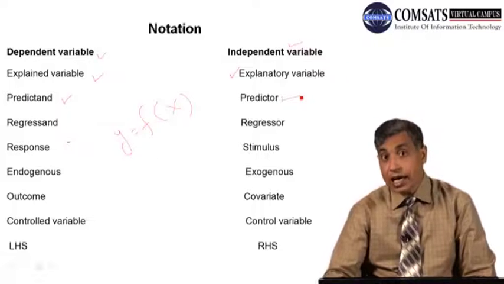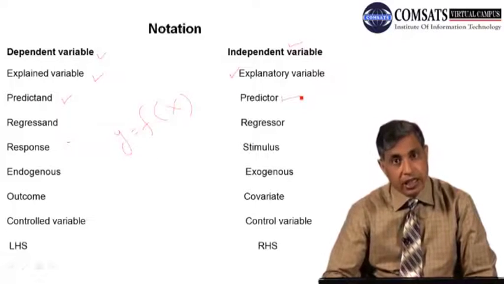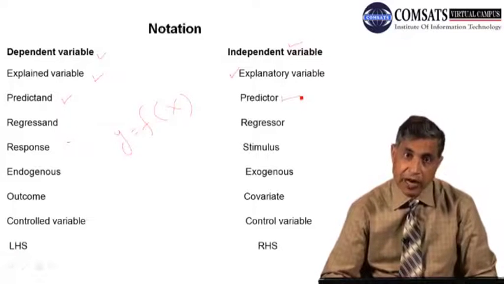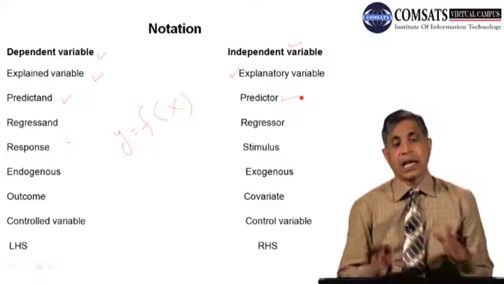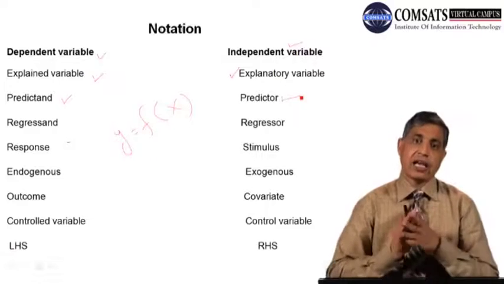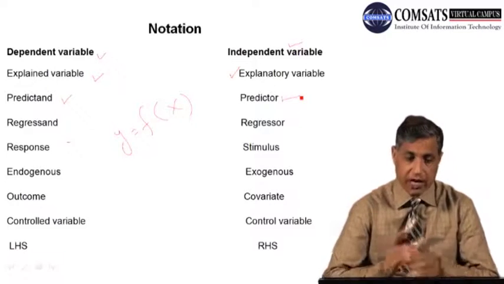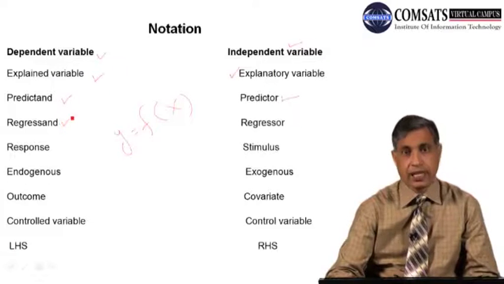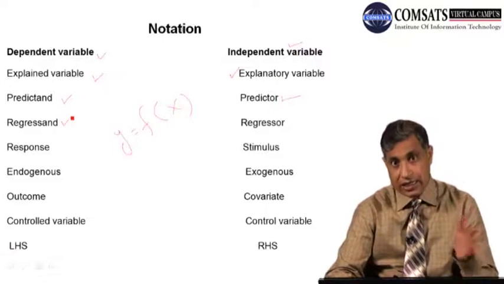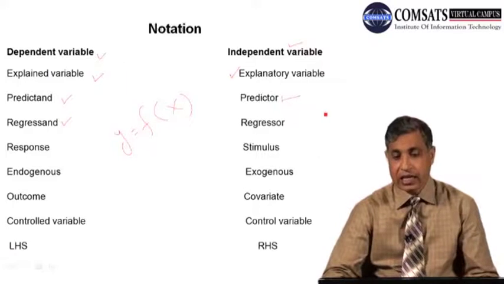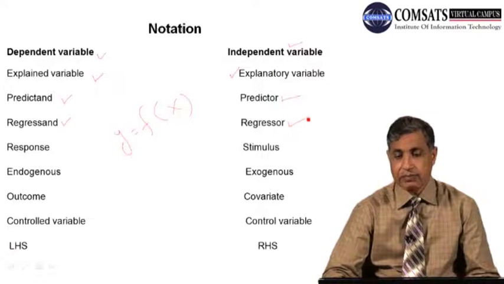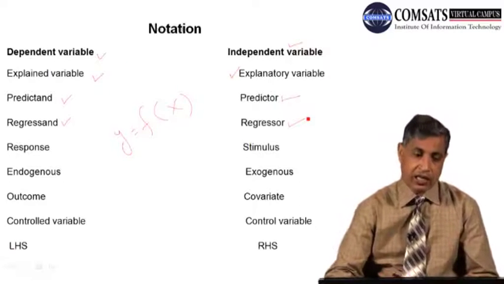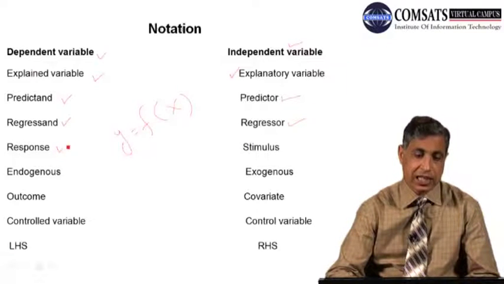So the predictor is the explanatory variable, the independent variable. On the other side, the predictand is the dependent variable. Just one step further, this is the regressand, and against this name we call the regressor, that is the independent variable.